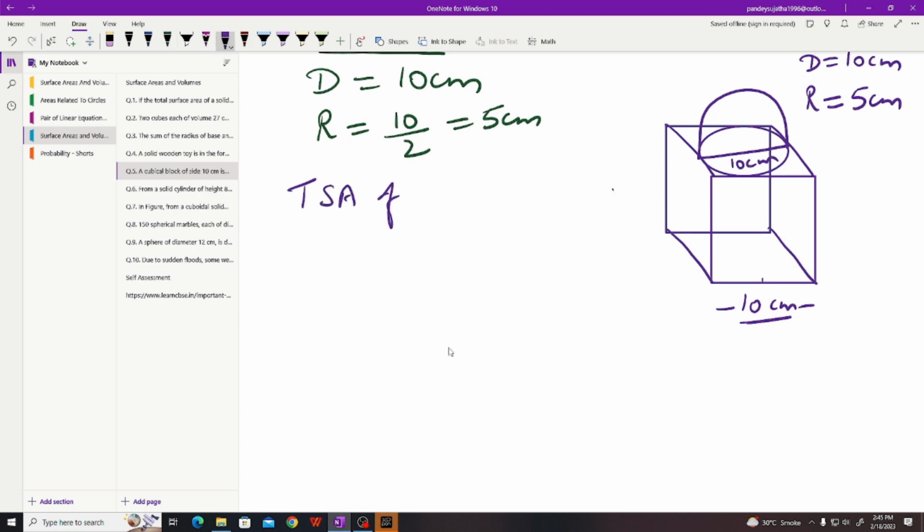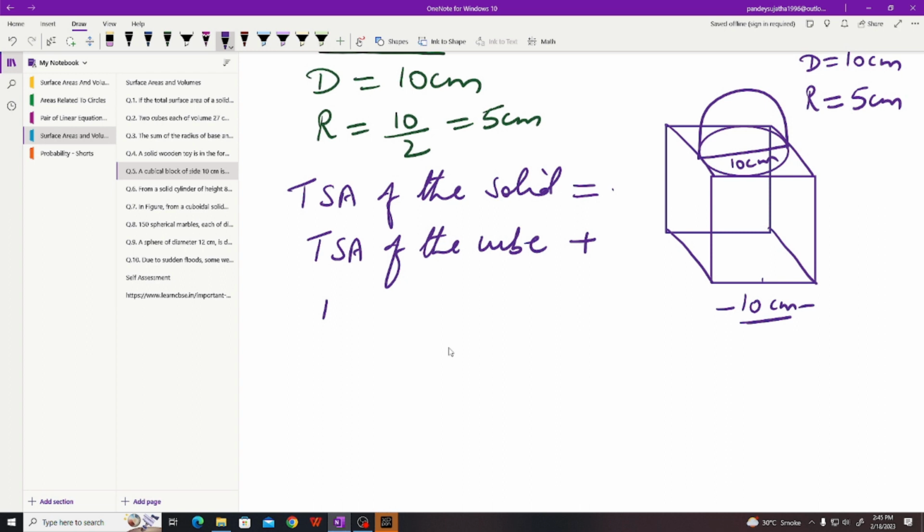Total surface area of the solid so formed will be equal to total surface area of the cube plus curved surface area of the hemisphere minus, we are going to subtract the circular portion of the hemisphere which is covering the top face of the cube.